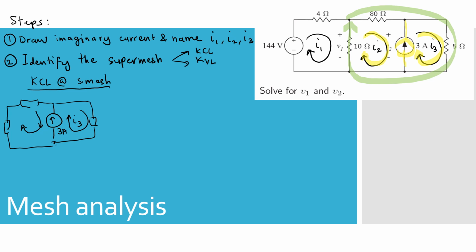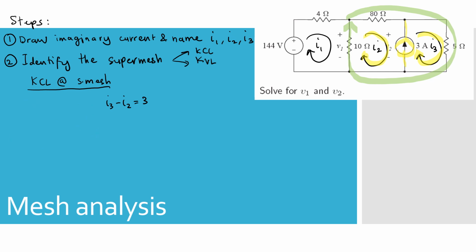Usually I choose the current with the same direction, which is I3 here, minus the opposite direction, which is I2, equal to the current source. So the first equation should be I3 minus I2 equal to 3.